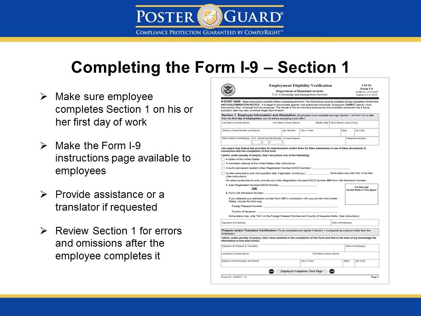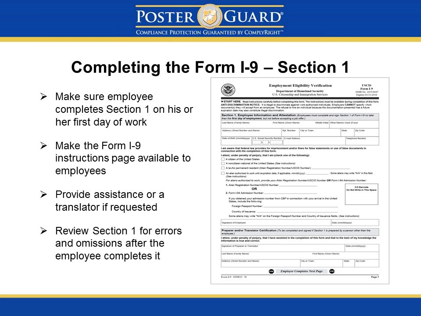Even though there is a space for the social security number, employees do not have to provide a social security number as part of the I-9 process unless you are participating in the Department of Homeland Security's E-Verify program, which we're going to get into later in the presentation. So if you're not participating in E-Verify, the social security number is optional. Like I said, the employee instructions say that, so employees would know that. The instructions also say that the employee email address and telephone number are optional. So if those are left blank, that's okay.